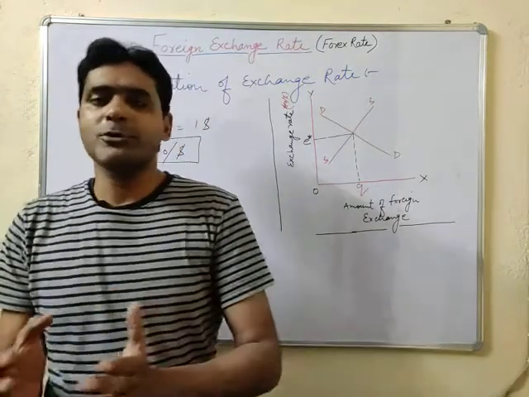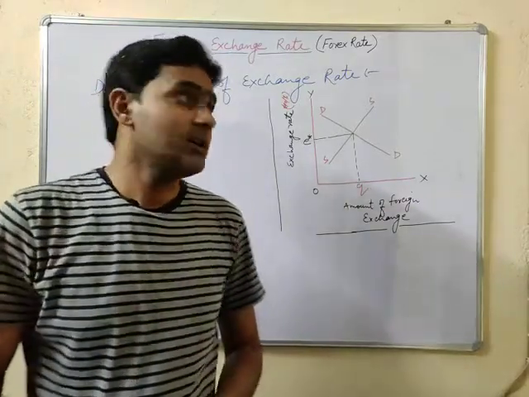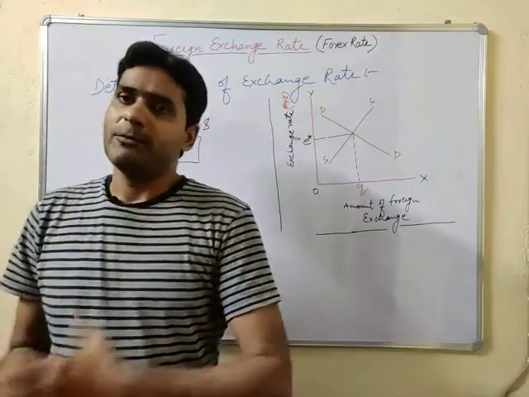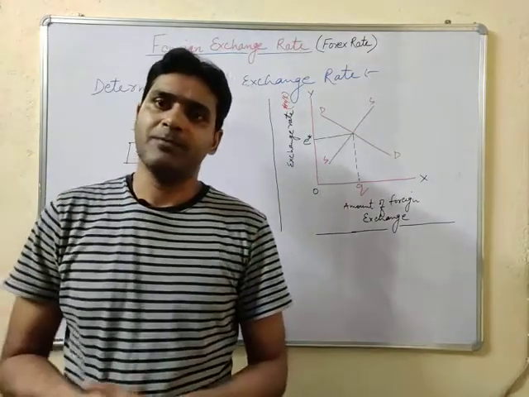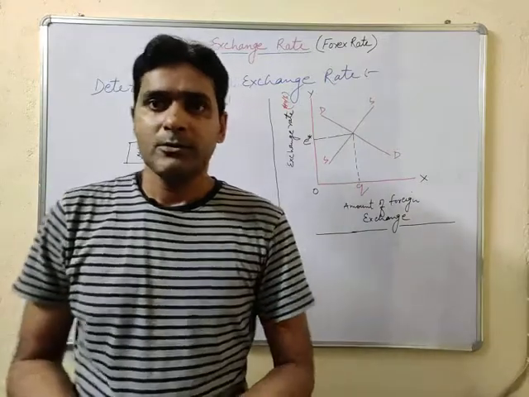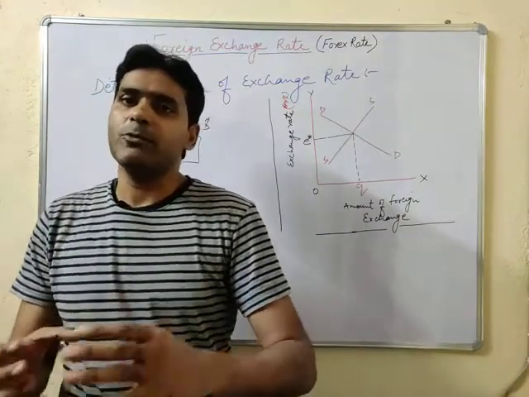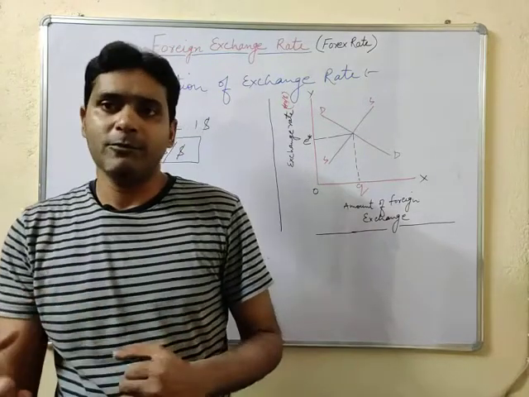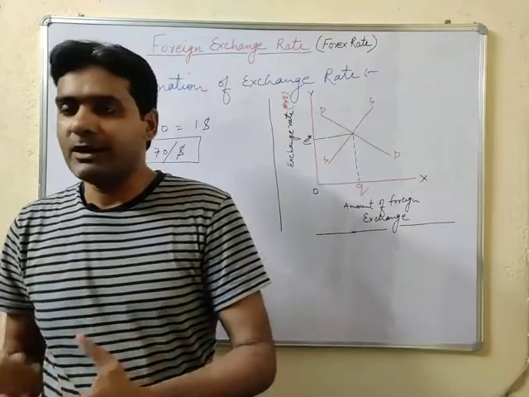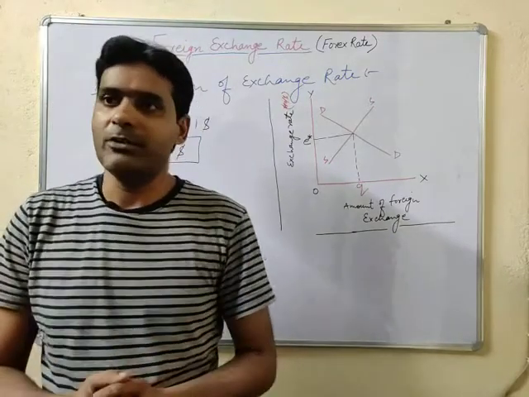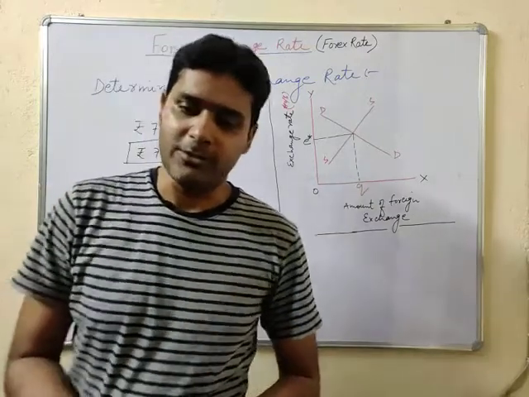So there is no scope for maintaining an official reserve account if there is a system of free market floating exchange rate determination. So before we proceed further, now it's time to understand the demand for foreign exchange and the supply of foreign exchange. What are the factors which determine or affect the demand and supply of foreign exchange?